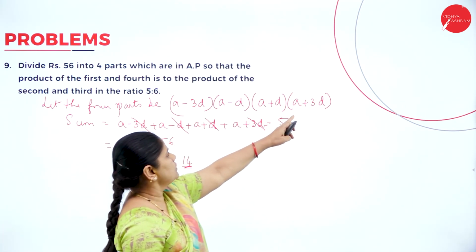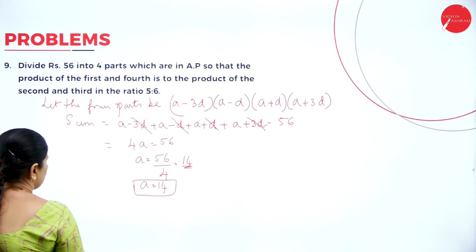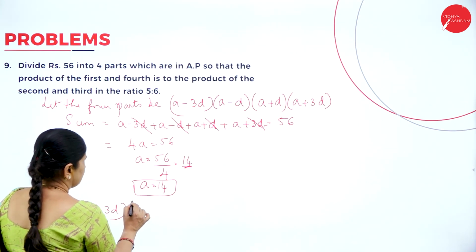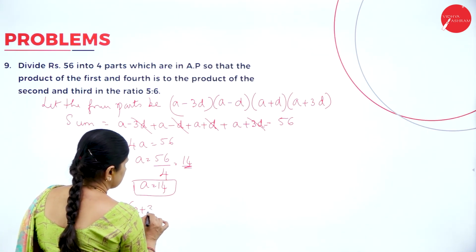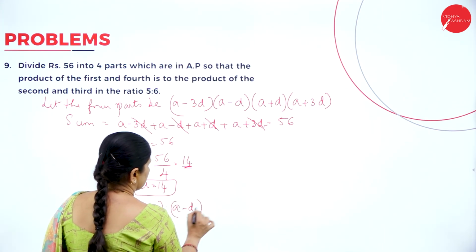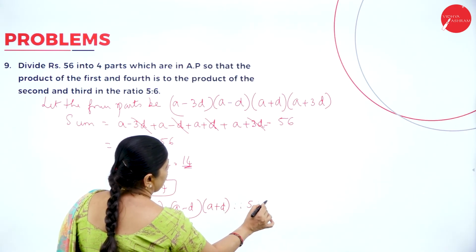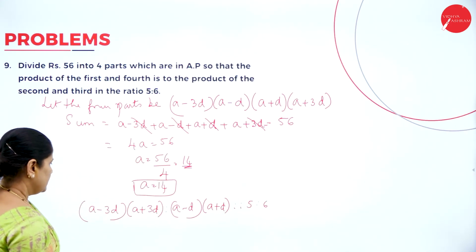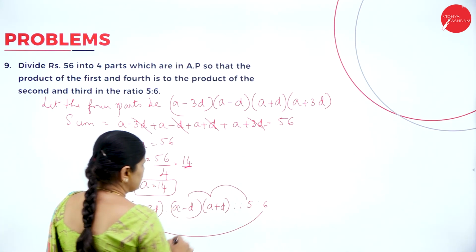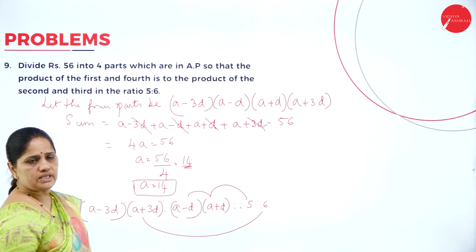So, the product of the first and the fourth is to the product of the second and the third as 5 is to 6. So, A minus 3D into A plus 3D is to A minus D into A plus D as 5 is to 6. Now, we will have to multiply these two terms into 5 and these two terms into 6.